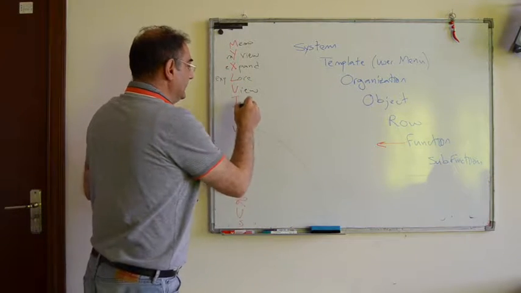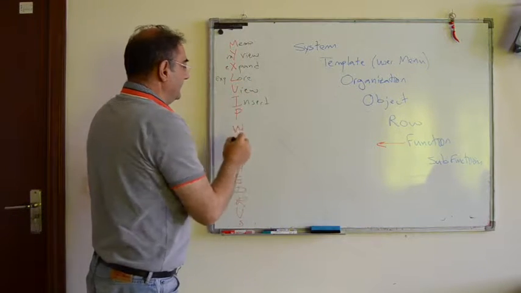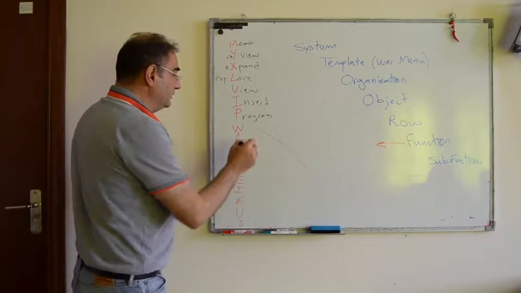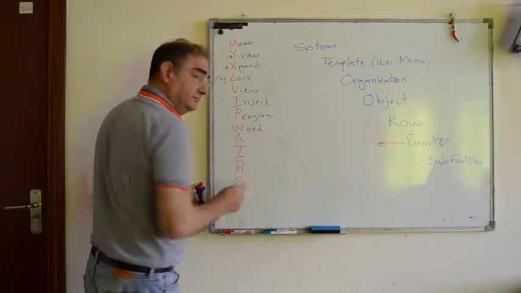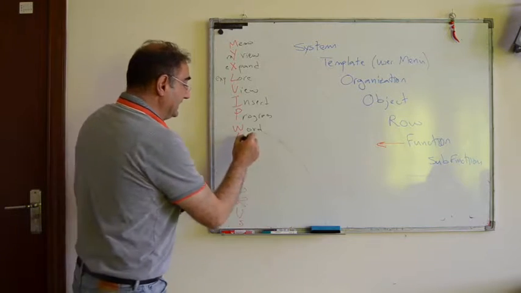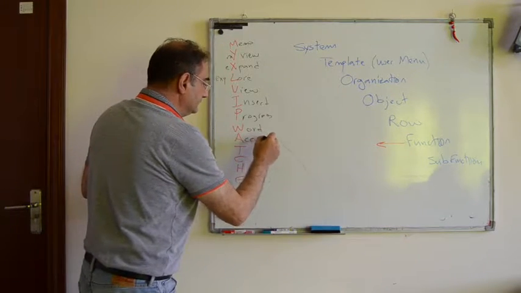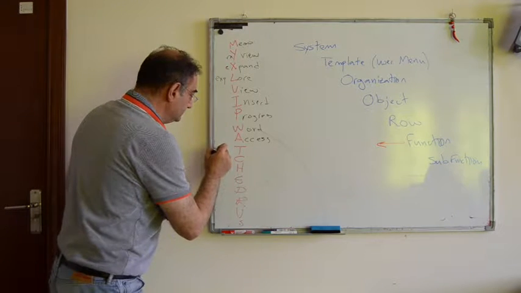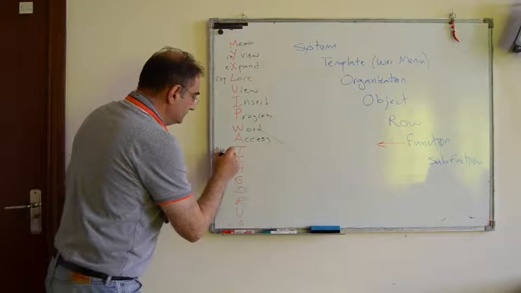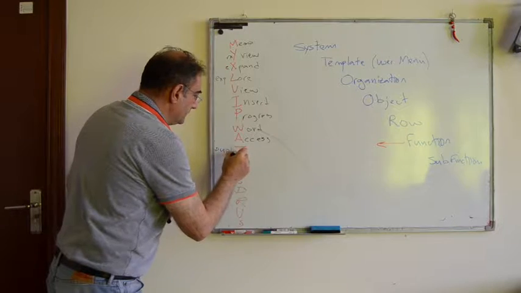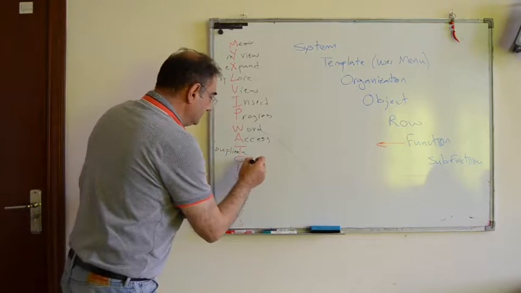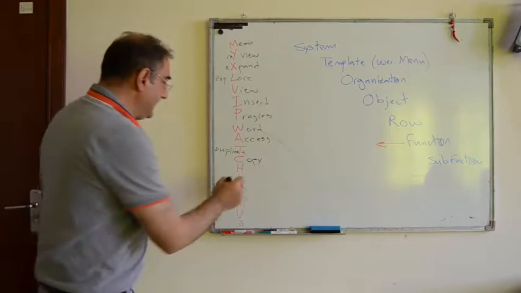The I is the insert. The P is the progress. The W is the word editor. The A is the access. The T is the duplicate. The C is the copy. The H is the help.